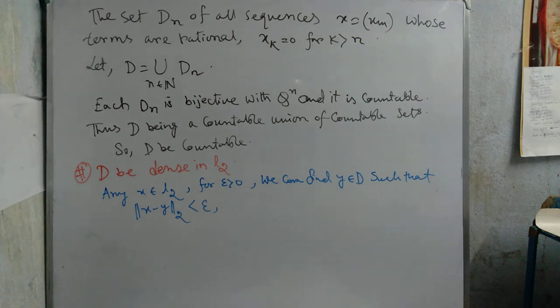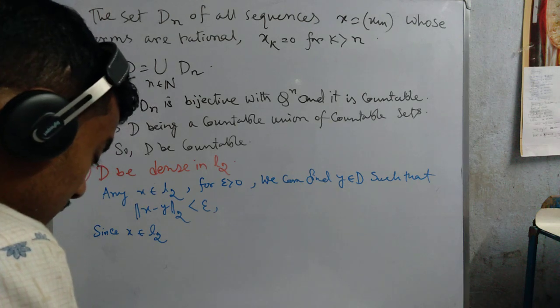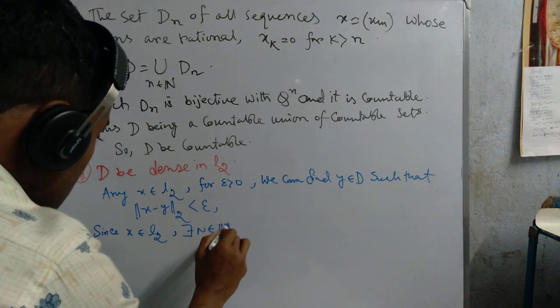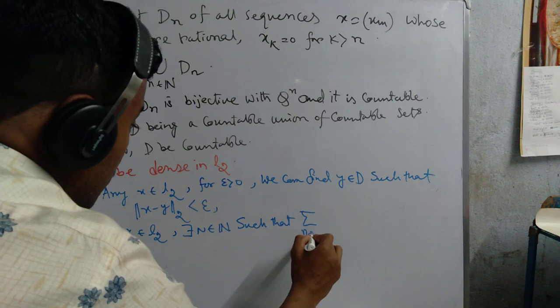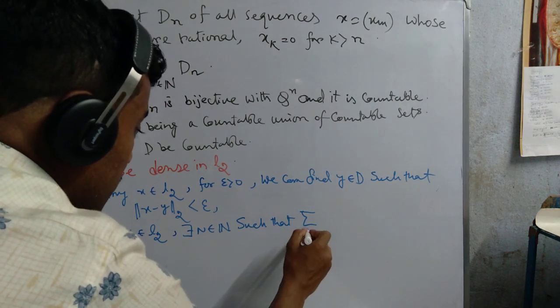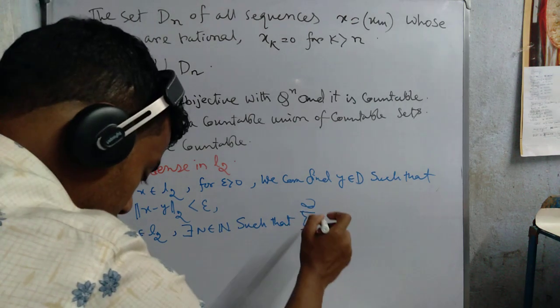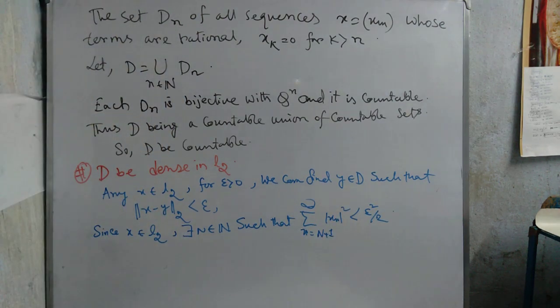Since x belongs to L2, there exists N belongs to capital N such that the sum from n plus 1 to infinity of norm xn square is less than epsilon square by 2.